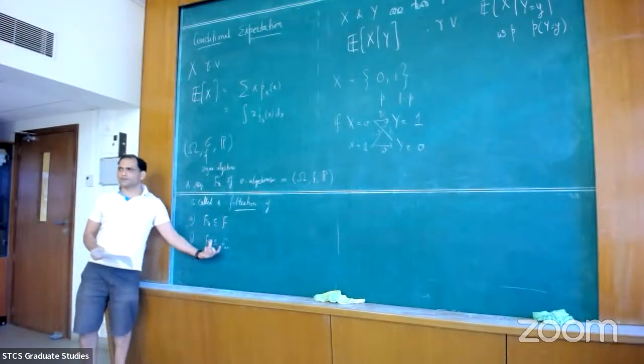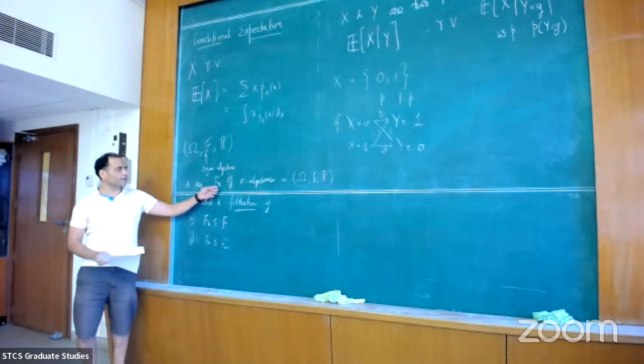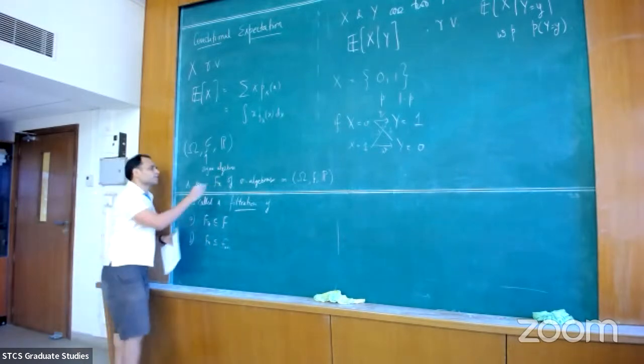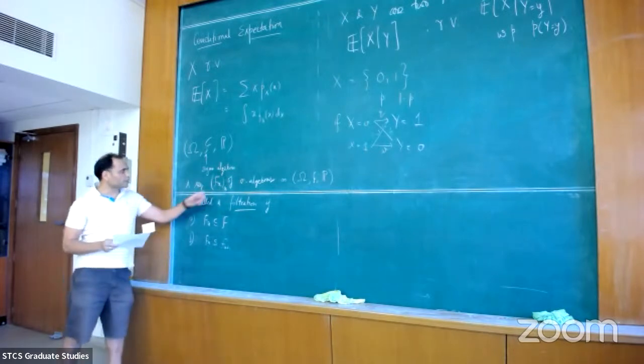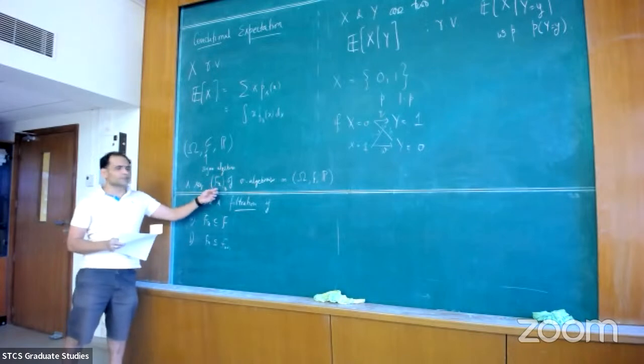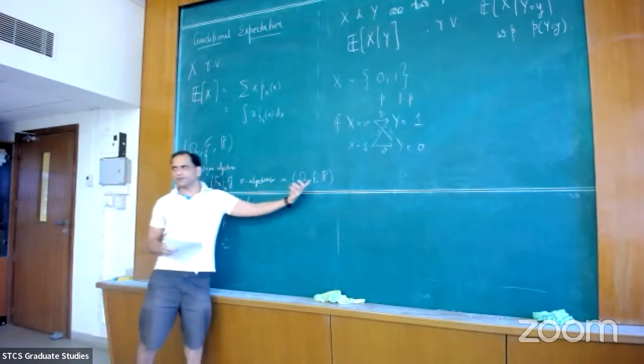So what is F_n? It might be confusing x with n, so this is actually my n. So it's a sequence F_n of sigma algebras on this given space.